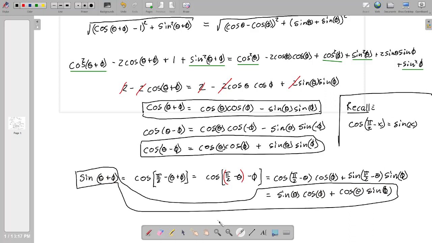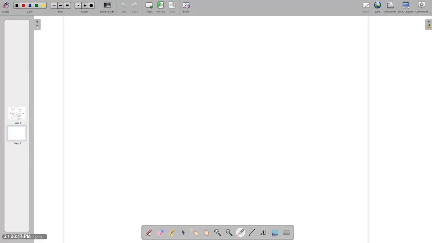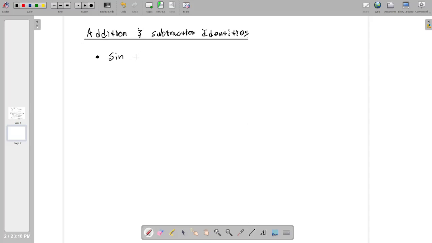sine of phi. Now we can prove the subtraction formula very easily just by replacing a phi with a negative phi. I'm just going to write it on the next slide here. So we have our addition and subtraction identities. Sine of theta plus or minus phi will equal sine of the first angle theta, cosine of the second angle phi, plus or minus cosine of the first angle theta, sine of the second angle phi.